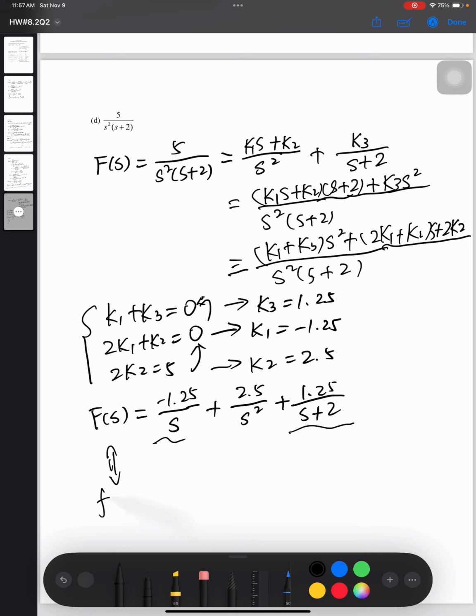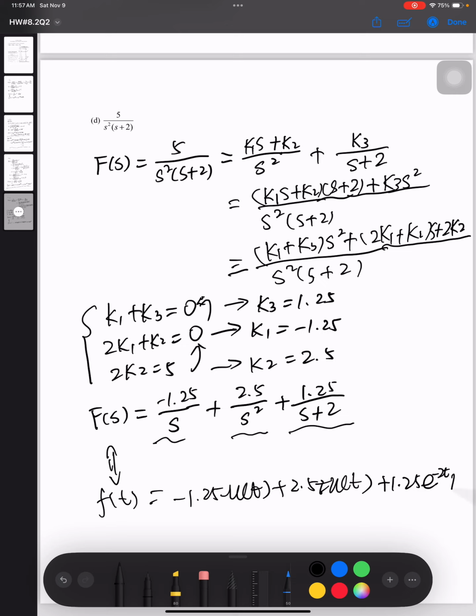The first one corresponds to just u(t), so minus 1.25 u(t). The second part is t times u(t), so plus 2.5 t times u(t). And the last part needs e to the lambda t, so plus 1.25 times e to the minus 2t, u(t).